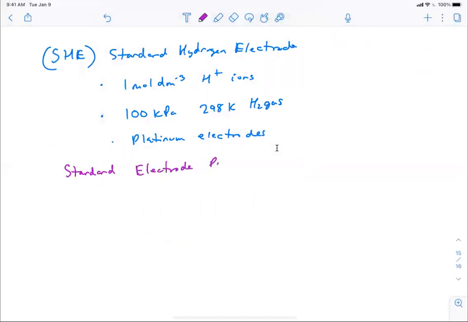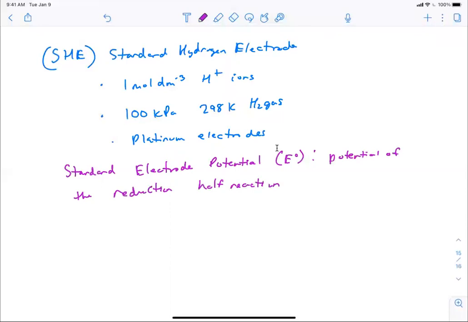Which is our E0, okay? Because it is defined as the potential of the reduction half reaction relative to the SHE. So whenever you hook up these half reactions, you always make the SHE the oxidation, and you make the other half reaction the reduction.